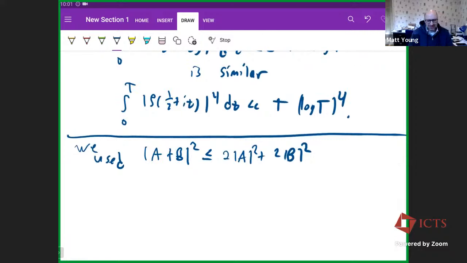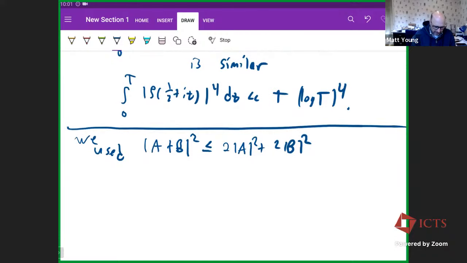I don't know if this is deceptive or not, but if you're willing to use this trick, it really makes your life a lot easier. But the penalty is that you cannot get an asymptotic formula. This is really a one-sided inequality. As soon as you start using these kinds of inequalities, you give up on getting an asymptotic formula.